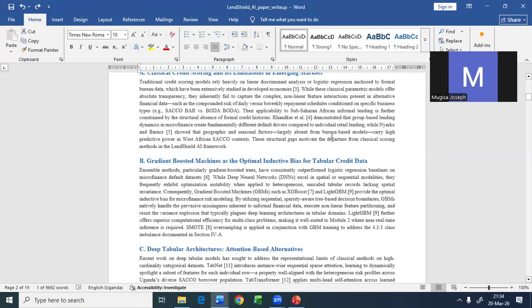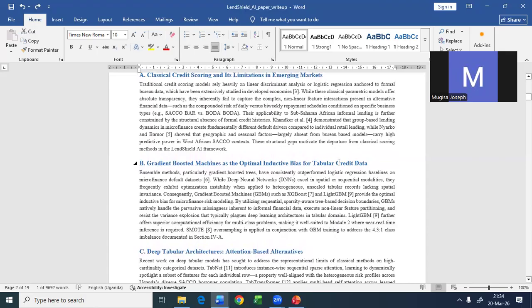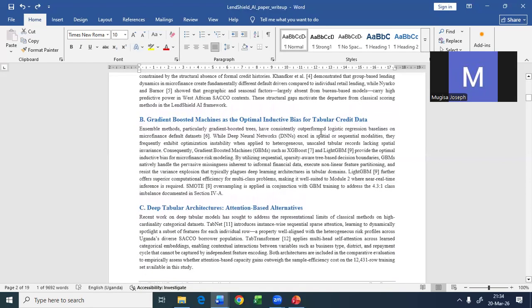Therefore, those models do not perform well in areas like Sub-Saharan Africa, where data collection and management is not good in those institutions, and that's where Uganda falls. That gives us the need to build these modules.